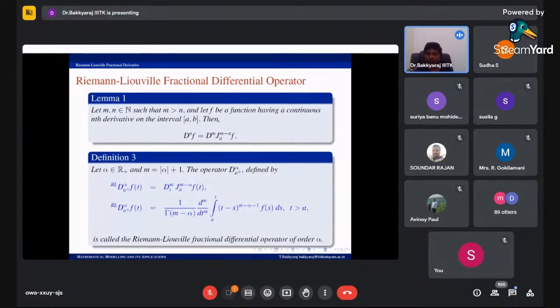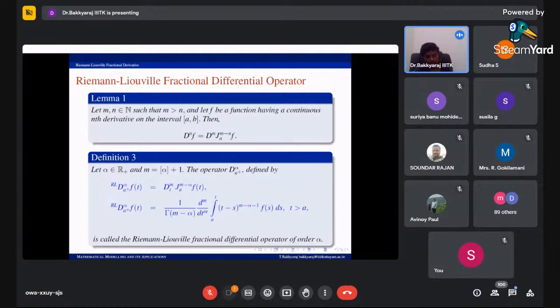Those two values are sufficient to calculate f dash of t naught. But to calculate the fractional derivative at t naught, you require the entire interval from a to t naught. You need the previous values of f from a to t naught. So this is called a non-local operator.